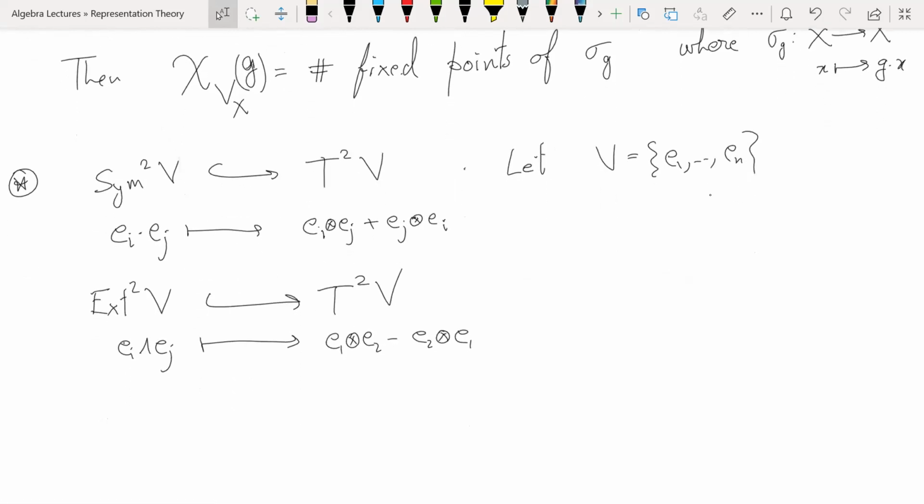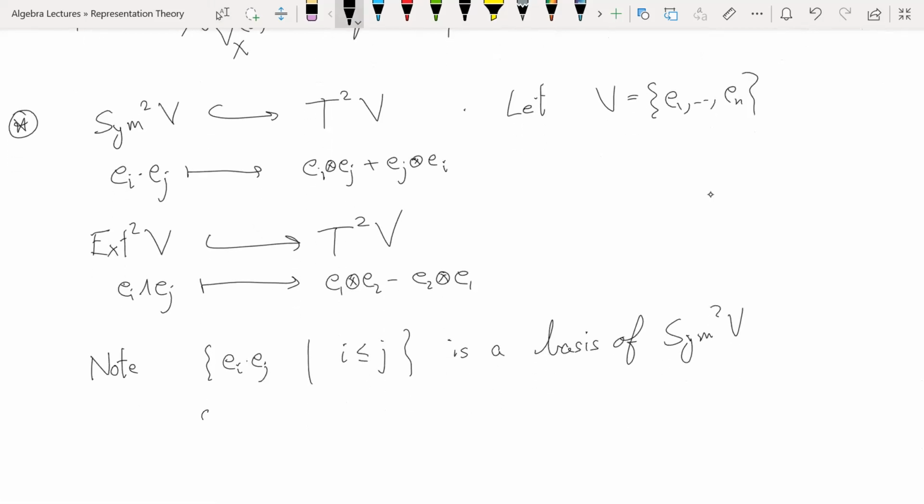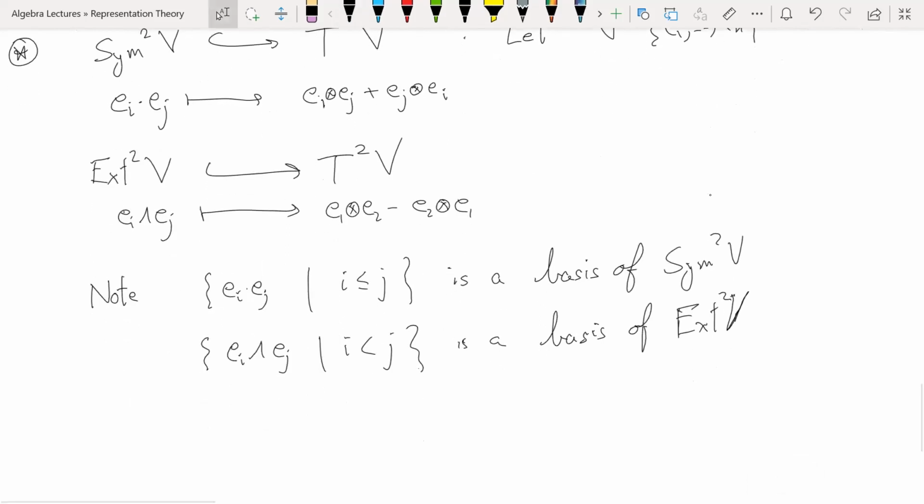In fact, note that Ei Ej with i less than or equal to j is a basis of Sym2 V, and Ei wedge Ej with i strictly less than j is a basis of the exterior square of V. And in fact, we know that the direct sum is the whole of T2V.